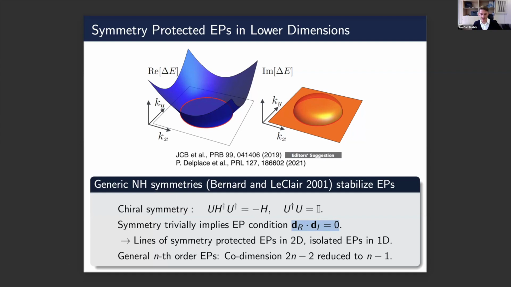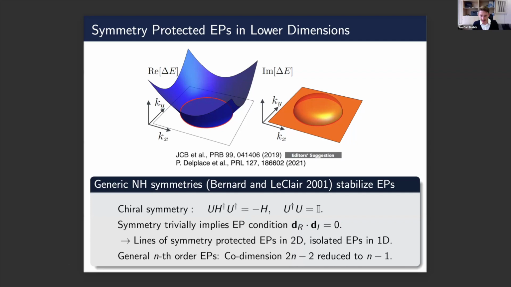expect such degeneracies to occur in one spatial dimension, and this has been generalized later to arbitrary dimensions and symmetries in the symmetry classes. And it turns out that for these symmetries that relate complex conjugate parts of the spectrum, the codimension is actually cut in half.